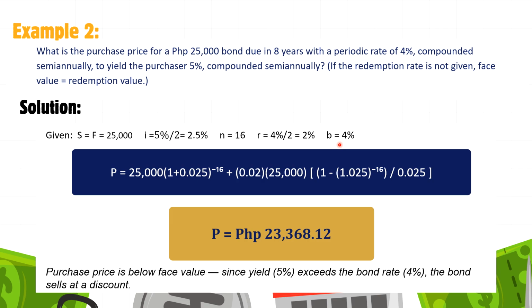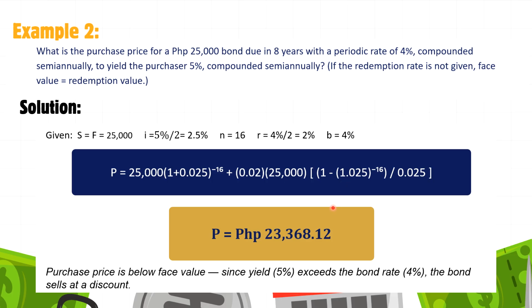Now, let's plug in these values. So, P is equal to 25,000 multiplied by 1 plus 0.025 raised to negative 16, plus 0.02 multiplied by 25,000 multiplied by 1 minus 1.025 raised to negative 16 over 0.025.